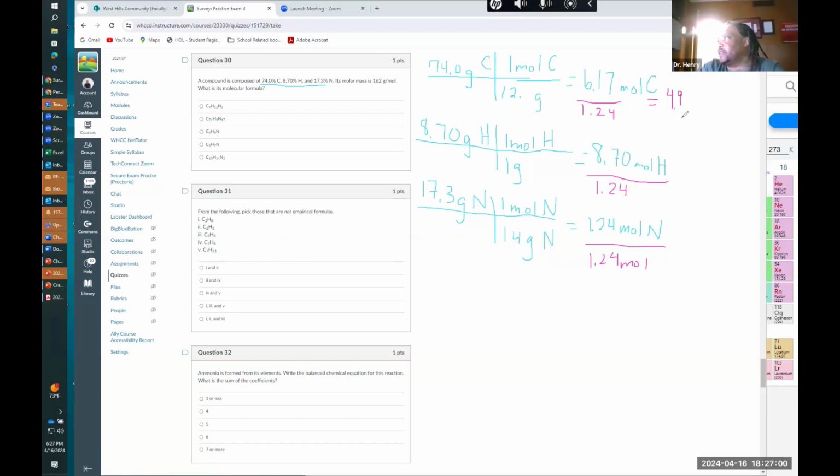That's a 9 and a 5, so that's approximately 5. Approximately 5 carbon. And then that's 8.7 divided by 1.24, which is 7.01 or 7.02. So we can say approximately 7.